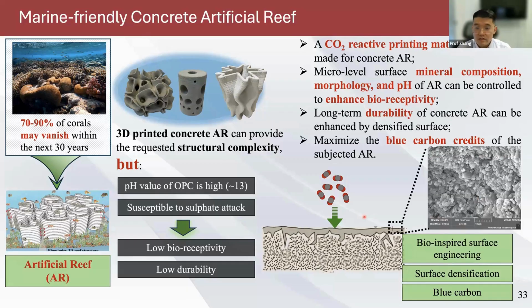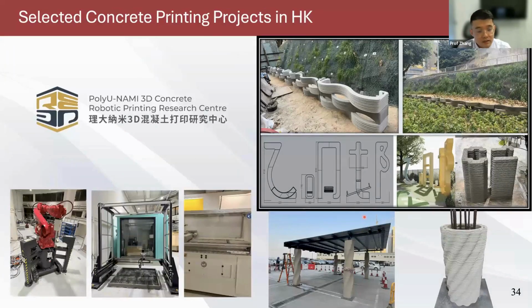Okay, so there are some projects we did in Hong Kong within the framework of the PolyU NAMI 3D Concrete Robotic Printing Research Center, RCC 3D for short. We have different types of printers. This is the major one, the robotic arm printer. This is the primary machine we use for our daily missions. It's quite big.